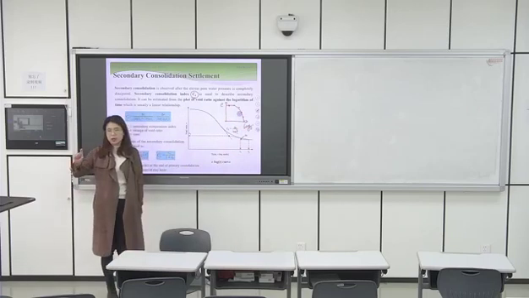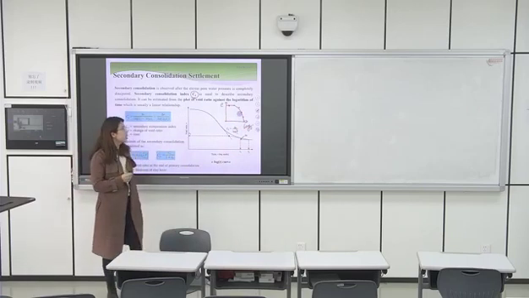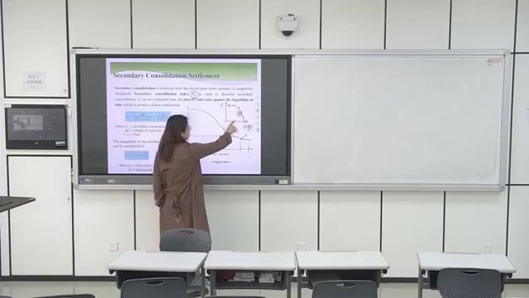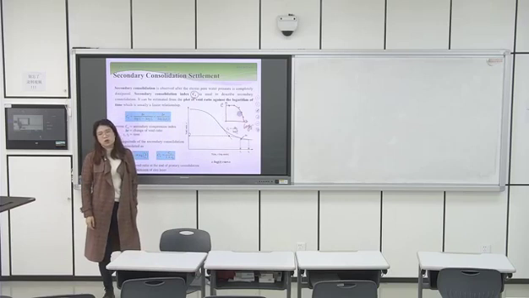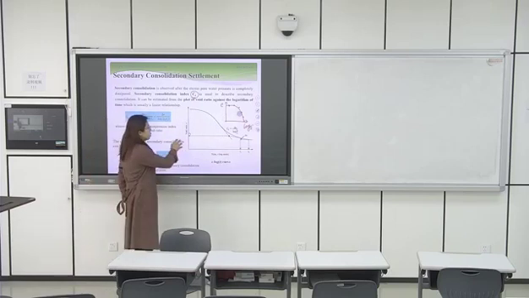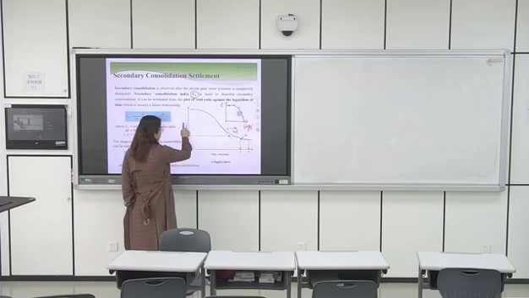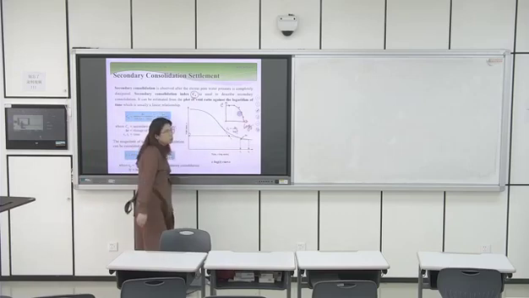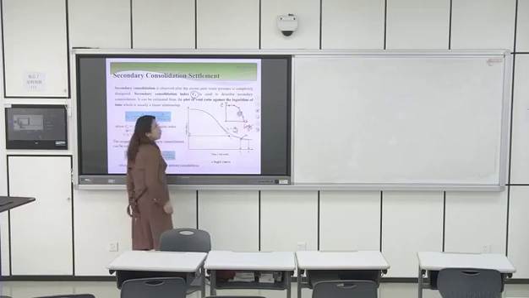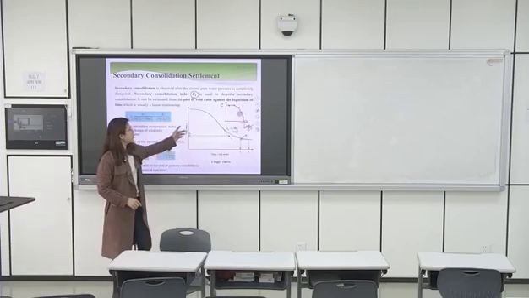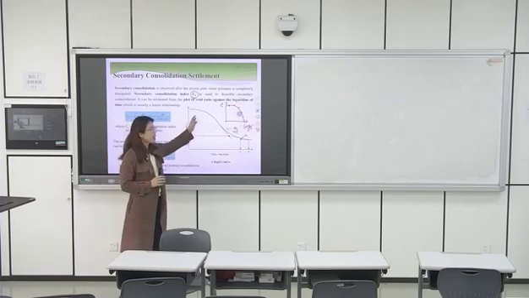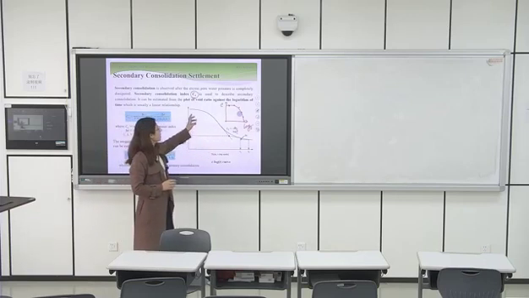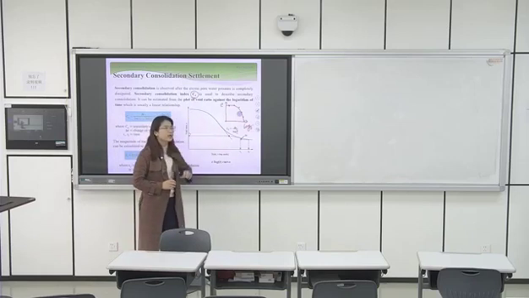For each loading stage, you can always obtain a void ratio time relationship like this. If you plot on this plane, it will look like an S shape, an inverse S shape actually.